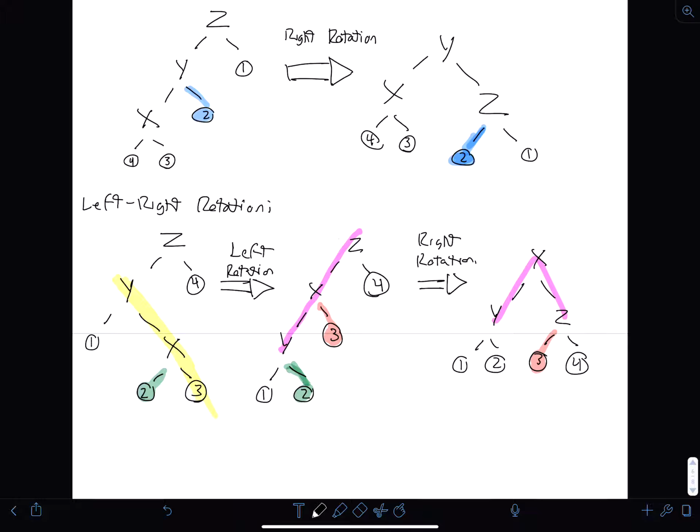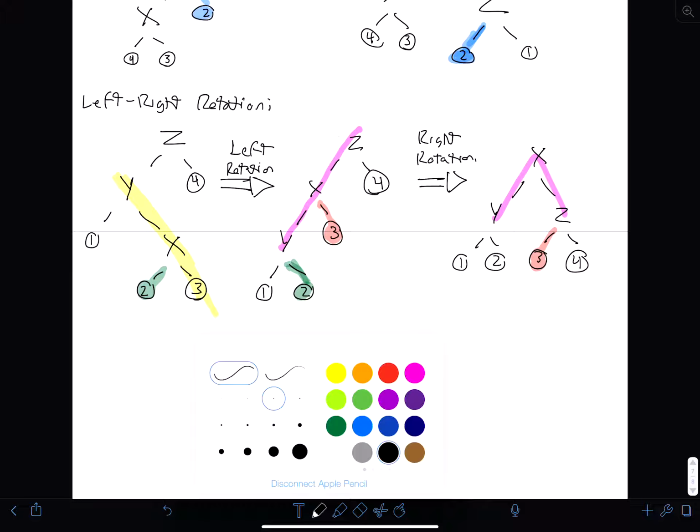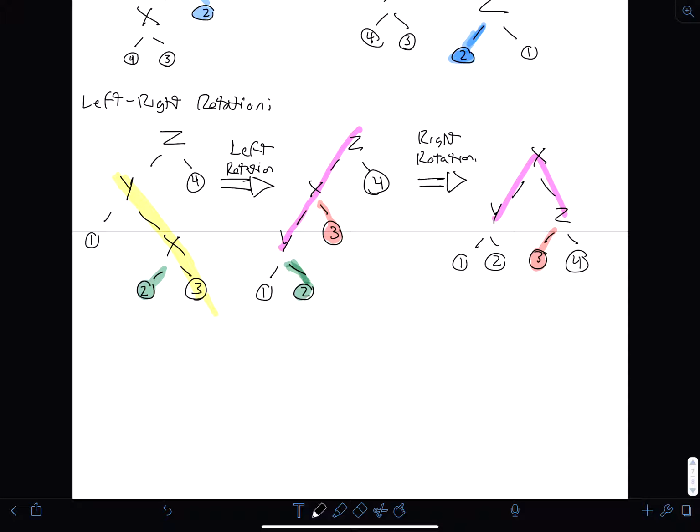How you feel about that? Let me go ahead and put the last rotation in, and then we will just do examples forever. So that's just basically the mirror of this. So it's going to be called the right left.